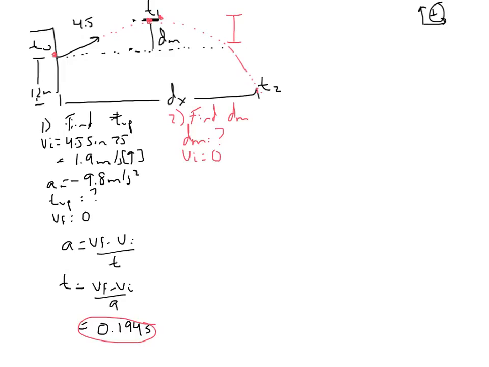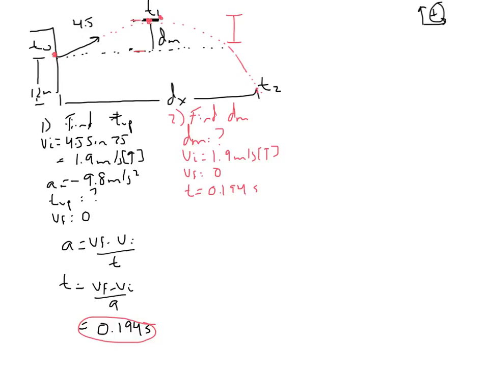So let's find dm. So dm is our question. Vi is 0 because it's starting from rest in the horizontal component. Oh, sorry, excuse me. Getting ahead of myself. Our Vi is still 1.9 because we're trying to find out that distance right there. 1.9 meters per second up. Vf is still 0. And time, we just figured out, is 0.194 seconds.